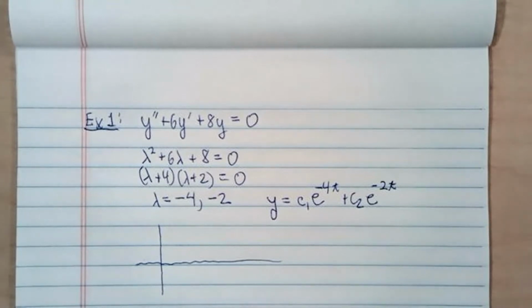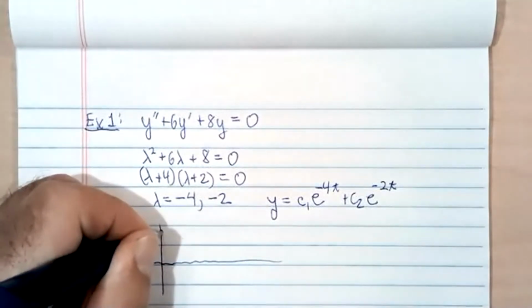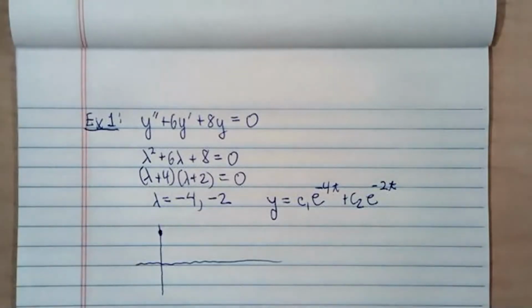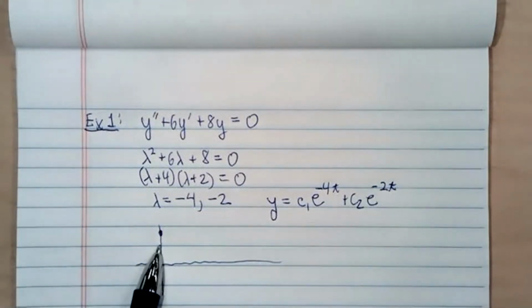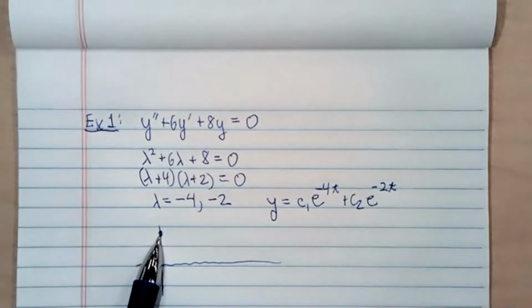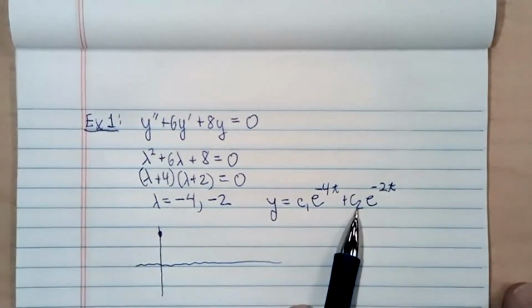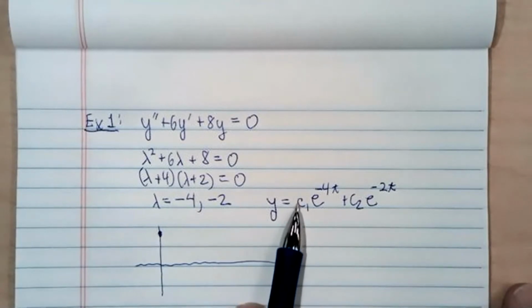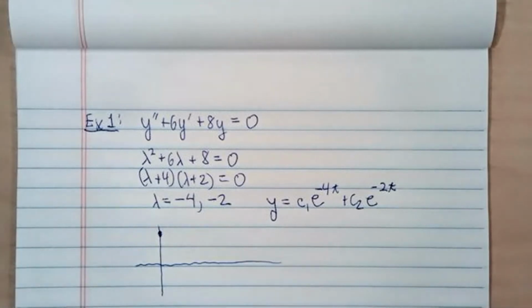So if you pick a starting point up here, which you could certainly do, let's say even these were units here, like 1.6 or 7 there. If I set C2 to 0 and I set this one to 1.7, then when t is 0, I get a 1 here and I'm at 1.7, right?